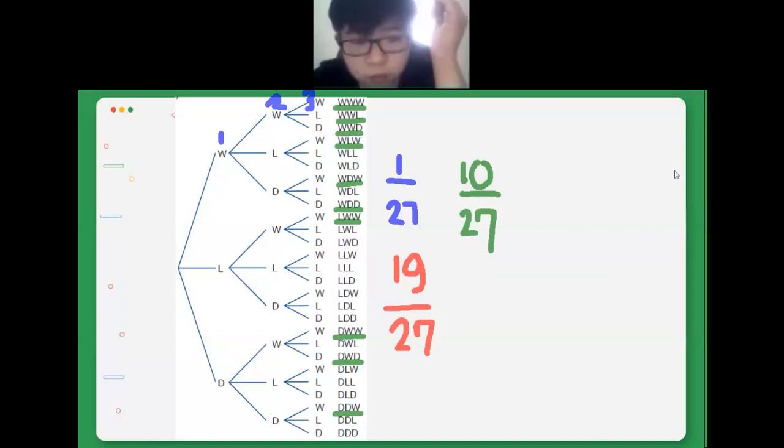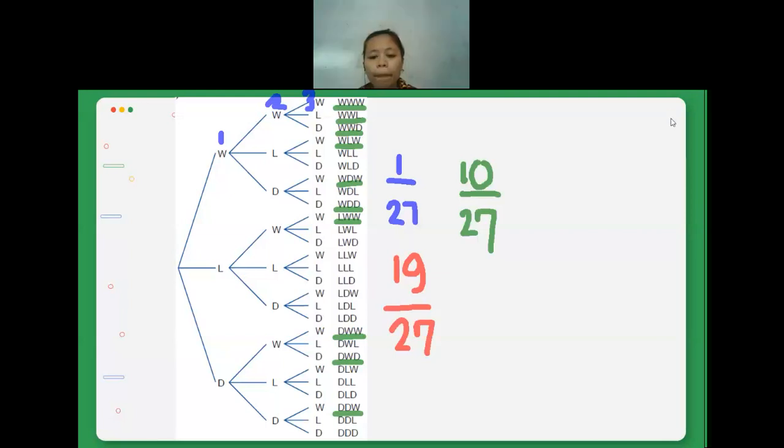Loses or draws all three games. Yeah, it can be draws or loses all three games. 2 out of 3?